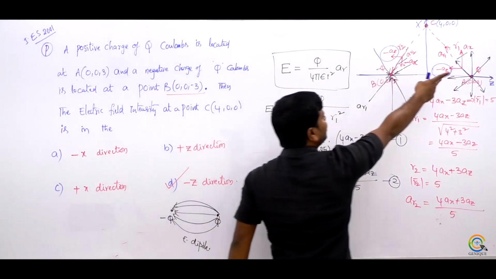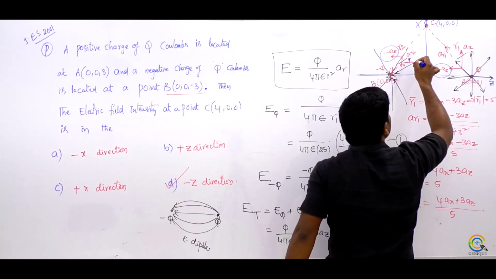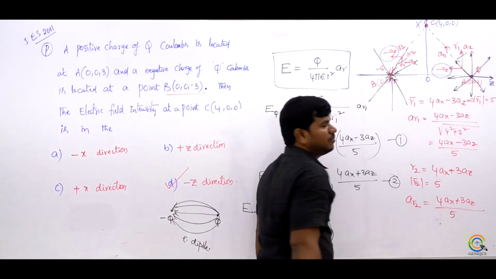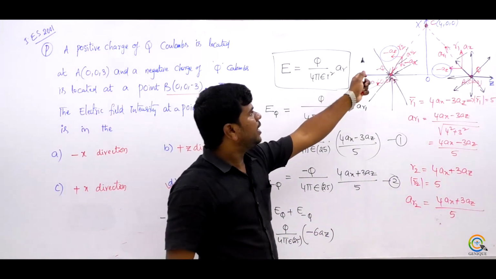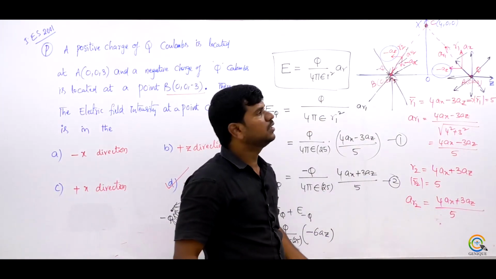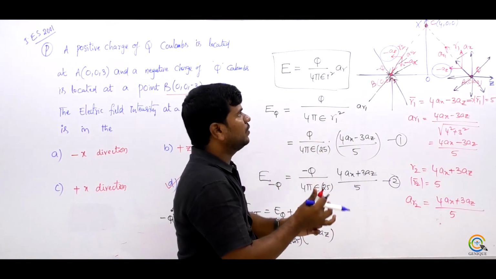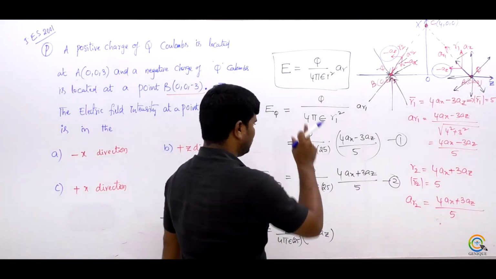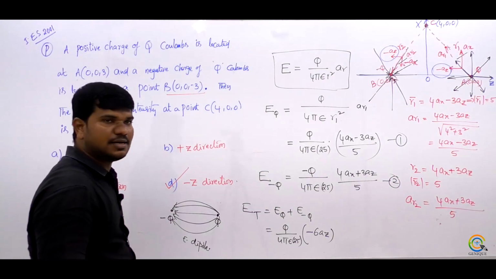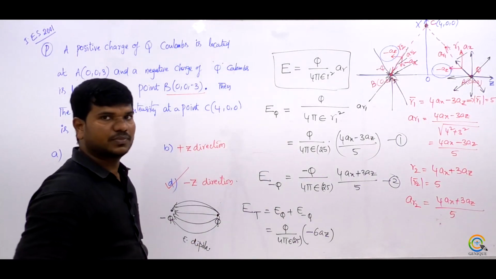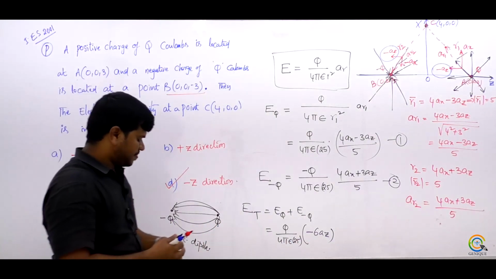When you are adding the fields, due to this one and this one, one is a negative X term and one is a positive X term, so these two will get cancelled. So here you will get only the negative Z terms. So without solving this entire thing, within a minute you can solve this question. Understand? So this is a very good problem. So like this.